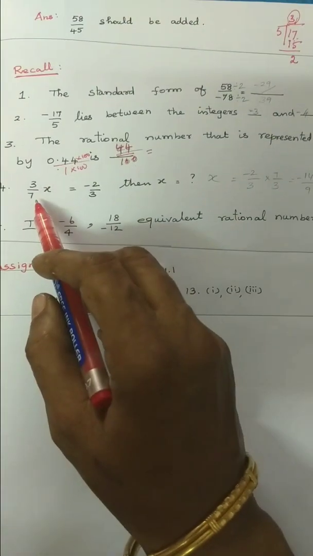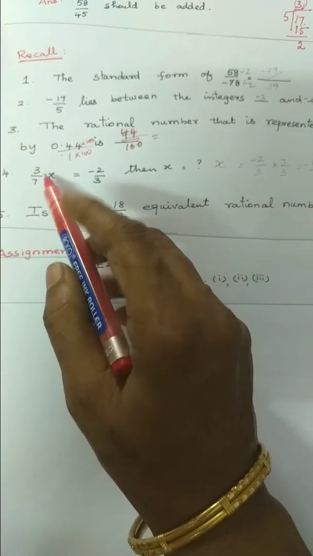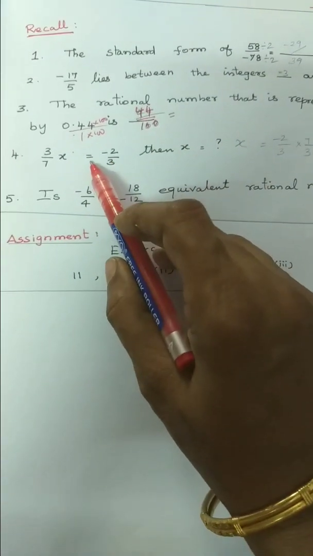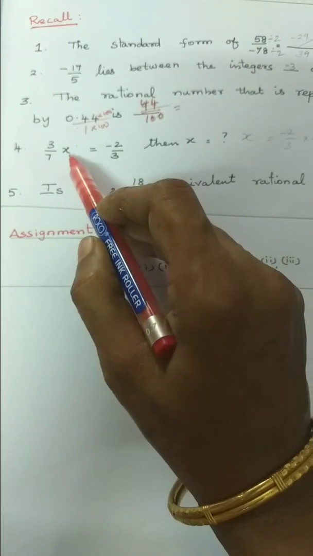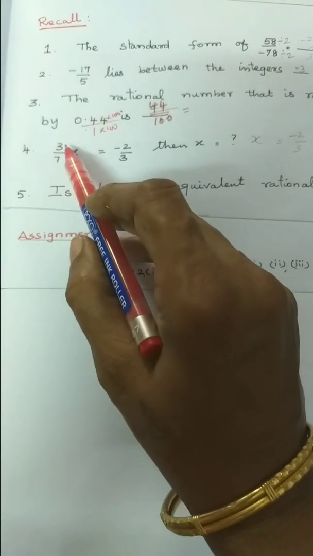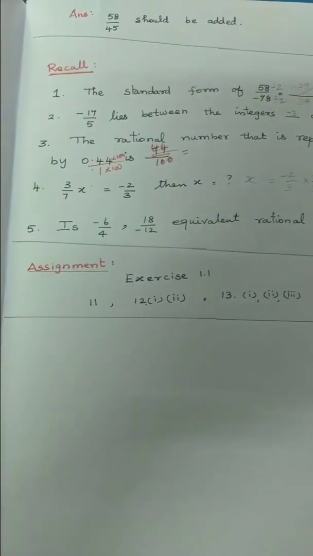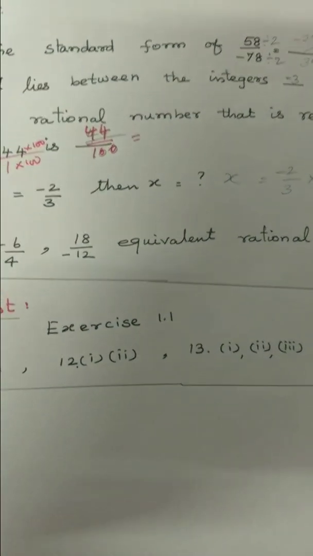Then the next one is 3 by 7 into x equal to minus 2 by 3. You have to find the value of x. What is the multiplicative inverse of 3 by 7? Yes, 7 by 3.